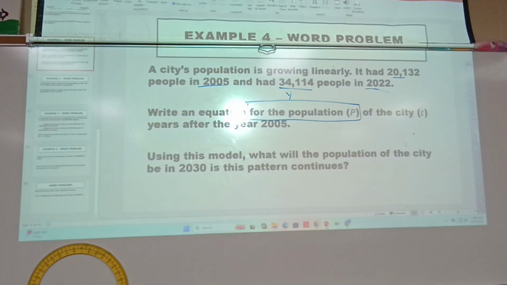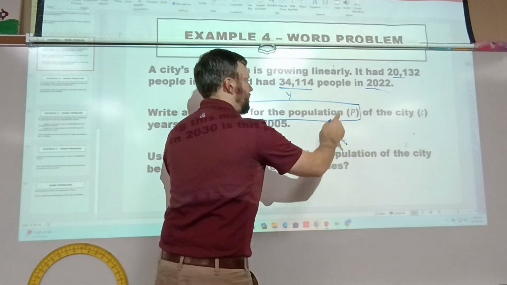Anytime we want to write an equation for the number of plants grown, that's going to be your y in the equation. You want to write an equation for the number of something, that's going to be your y. Because that is equal to something, right? The equation is in terms of this.